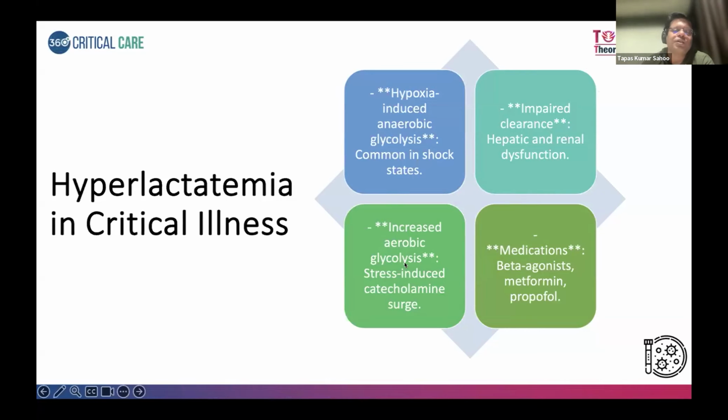Increased aerobic glycolysis can also lead to hyperlactatemia because of the stress-induced catecholamine surge. It is not only anaerobic; sometimes aerobic glycolysis also results in an increase in the lactate level. Now, some medications can also result in hyperlactatemia, like beta agonists, metformin, and propofol.